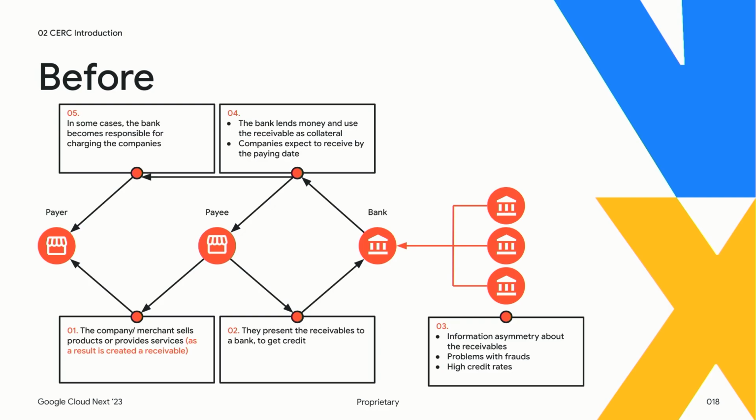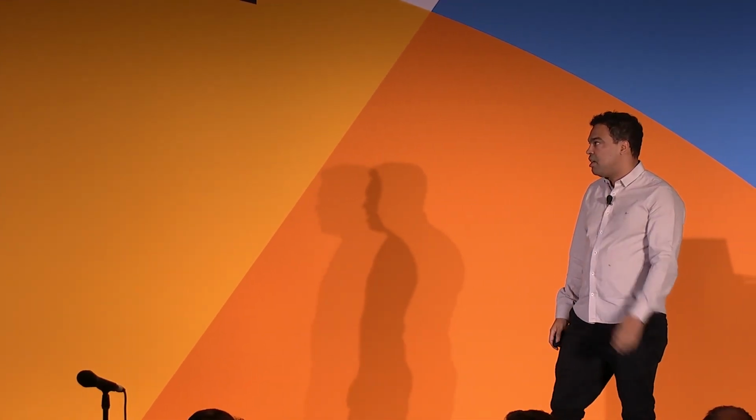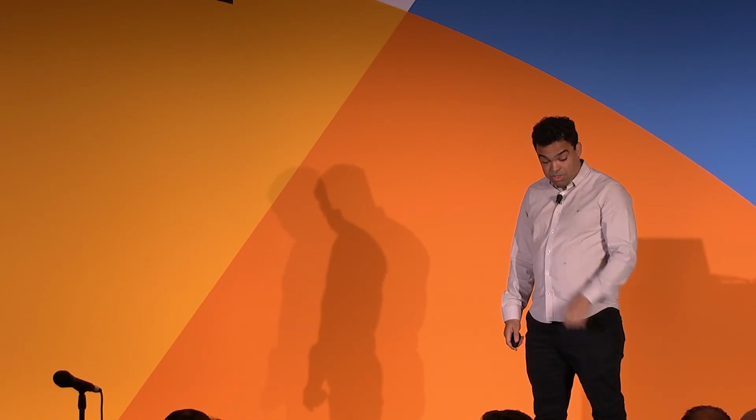But they need money, they make the transactions, and banks take the receivable to use as collateral. Companies expect to receive the amount in the future, and at the end of the life cycle, banks expect to receive the money, but in some cases, companies don't receive the money to pay. So in this case, banks can charge the companies to receive the money.